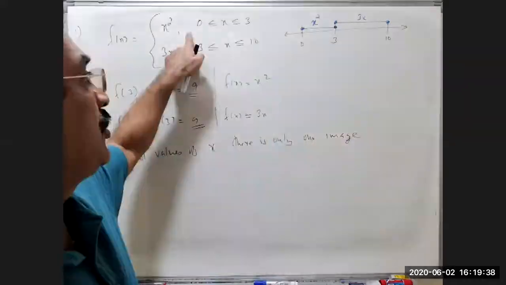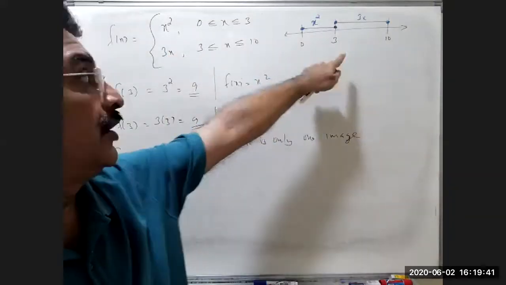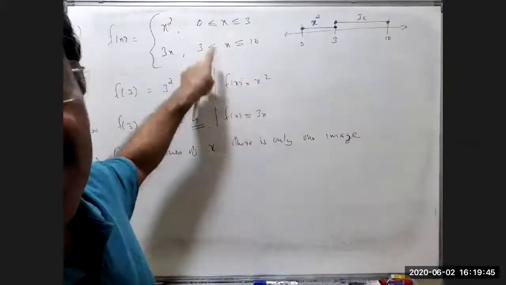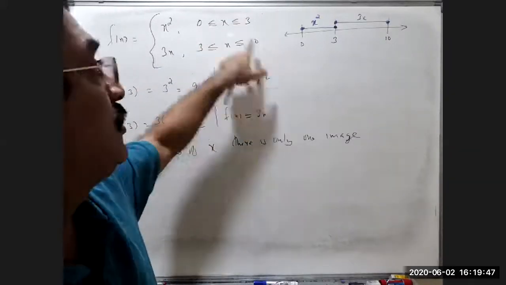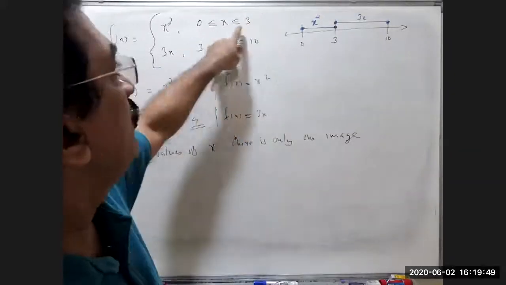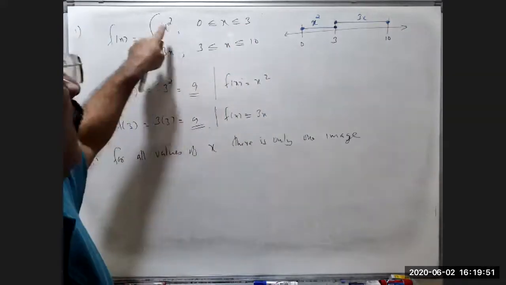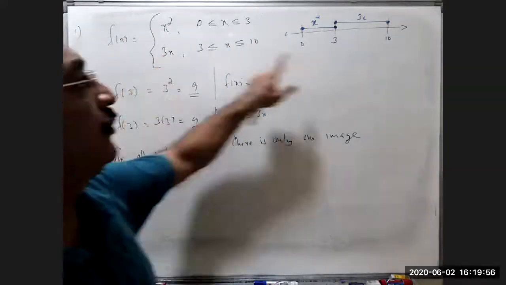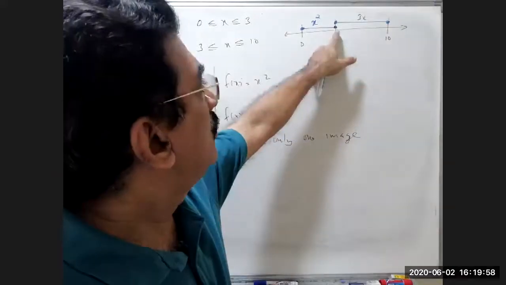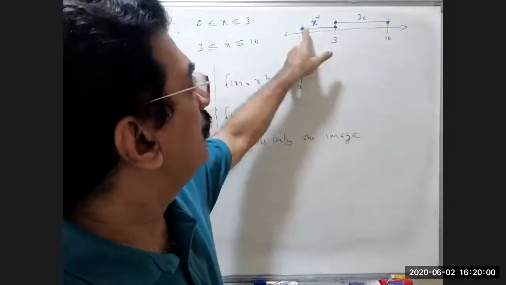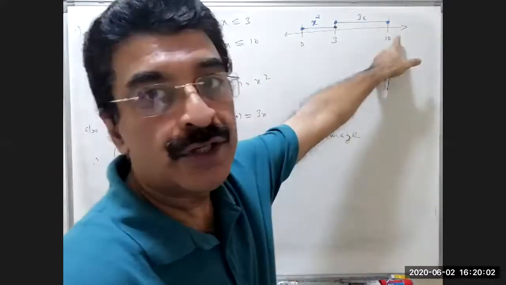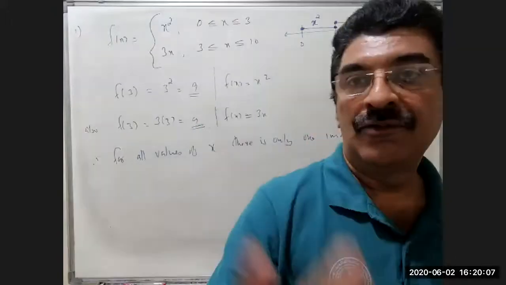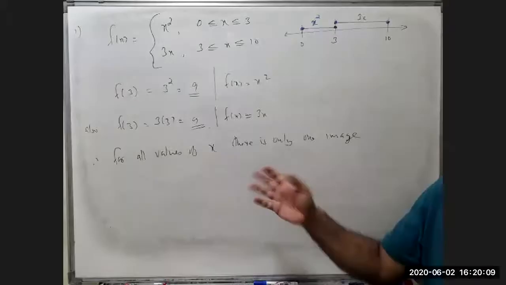From the definition, this is the pictorial representation. You have to make it out from the definition. By definition, x is repeated only at 3, because if x is 3, we can take the definition x squared or the definition 3x. Even if we take both definitions, we observe that the y value remains the same.